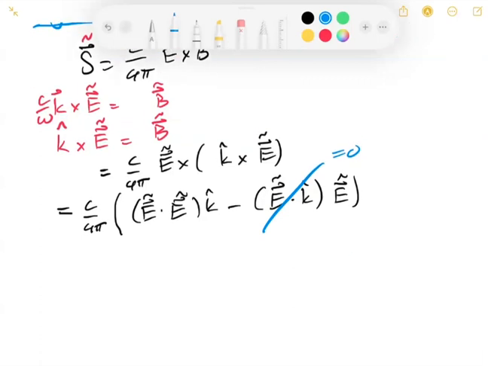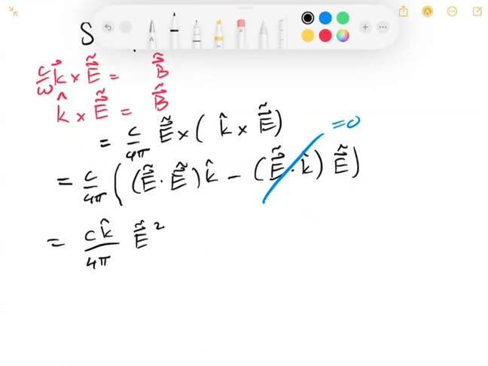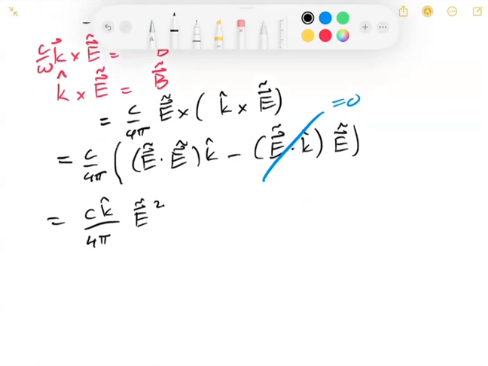So this is simply c k vector over 4 pi E squared. Now remember that E squared is a scalar, so this expression is valid and legit.